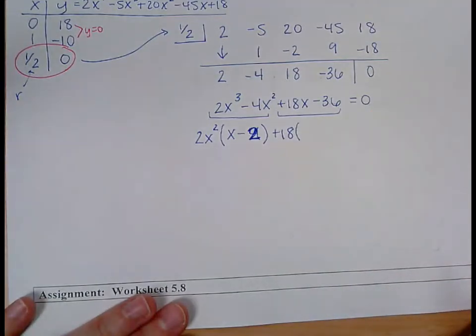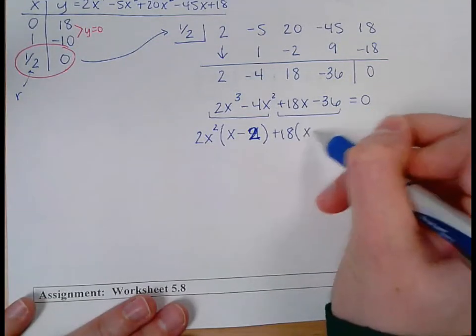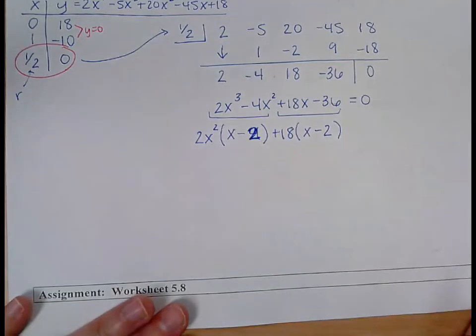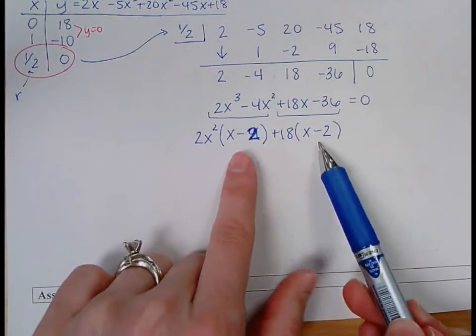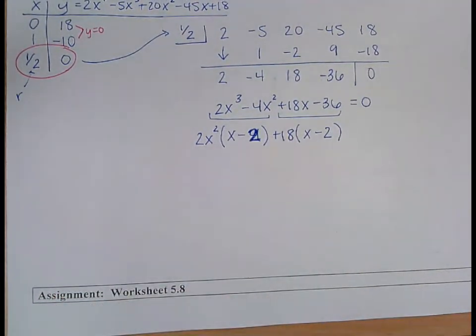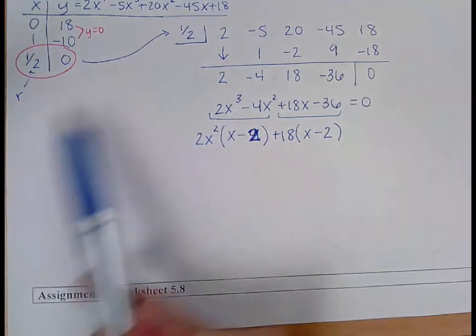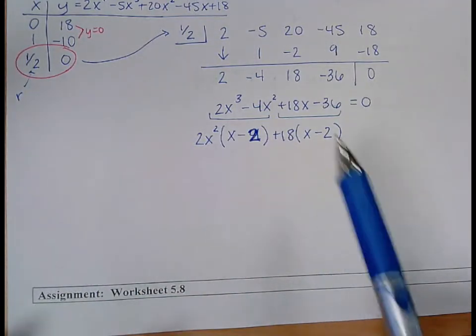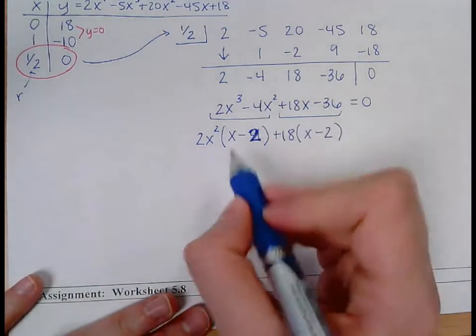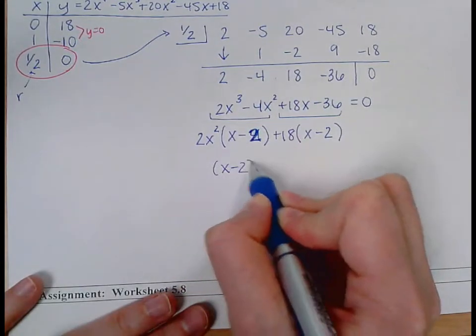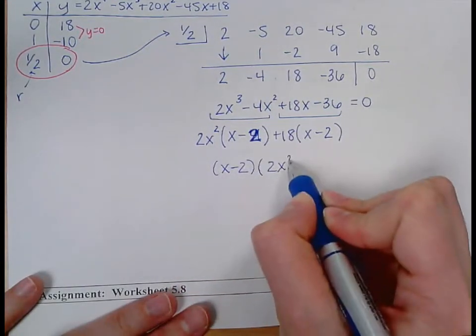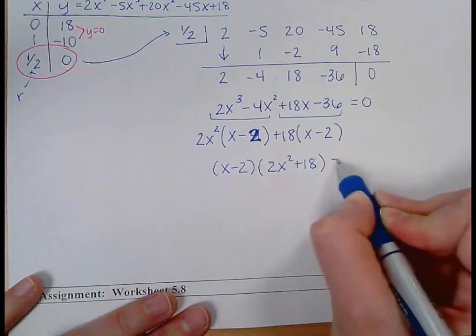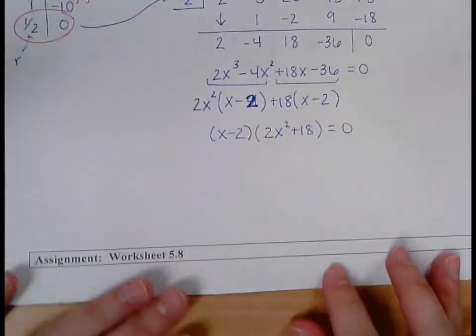If I divide them both by 18, I get x minus 2. So here, because the parentheses are the same, grouping actually works, meaning I don't have to do any more of the guess and check with the tables. So to finish factoring this, I have x minus 2 times 2x squared plus 18 equals 0.